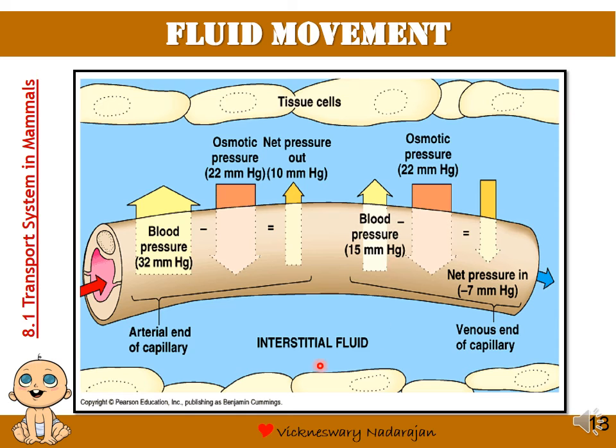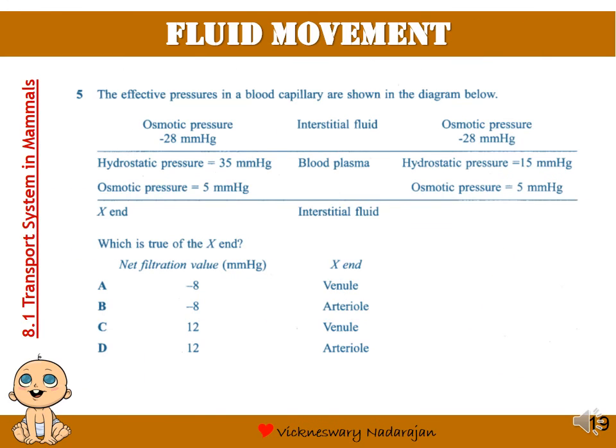Let me show you the application of formula 2. In this question, they have given us the hydrostatic pressure and osmotic pressure of the blood, and only the osmotic pressure of the tissue fluid.